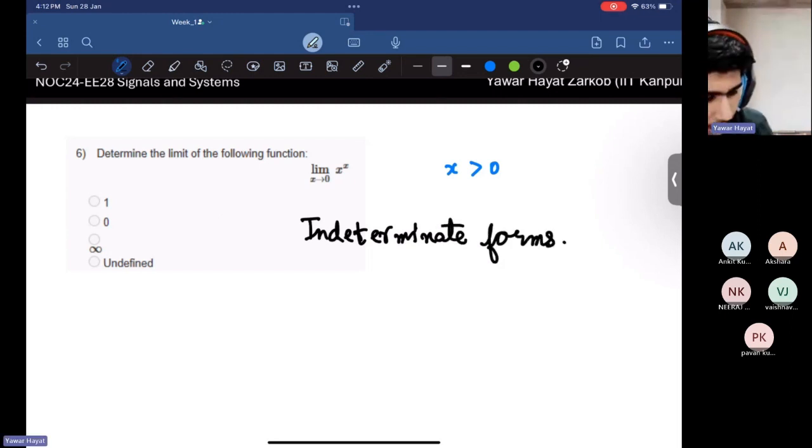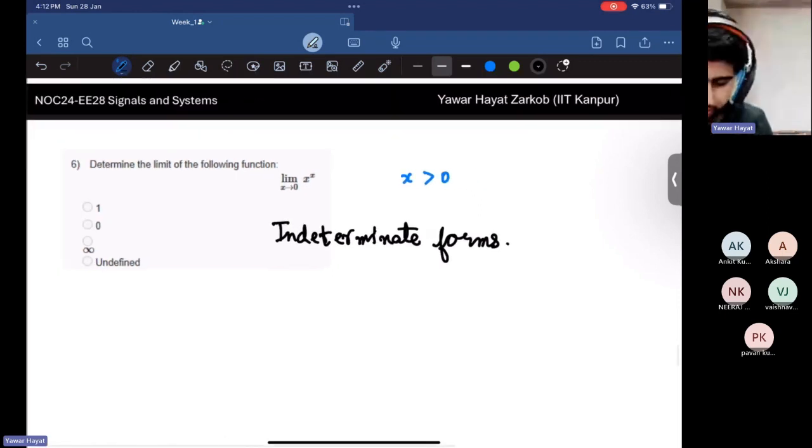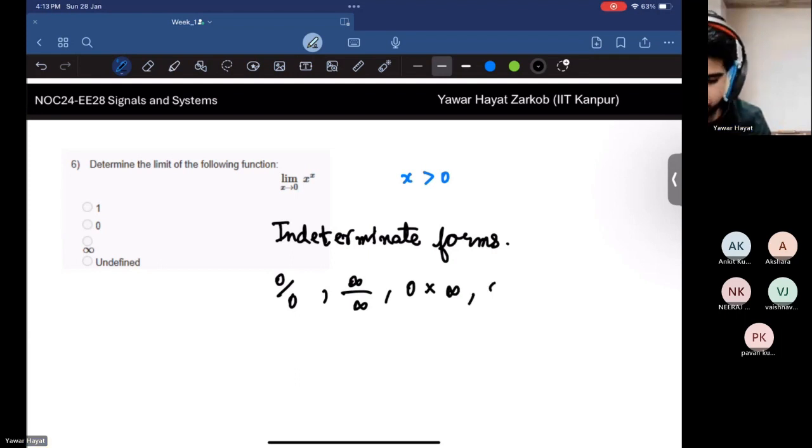Now we are aware about these indeterminate forms, right? For example, 0 by 0, infinity by infinity, 0 times infinity, infinity minus infinity, 0 power 0, 1 power infinity, and infinity power 0, right?